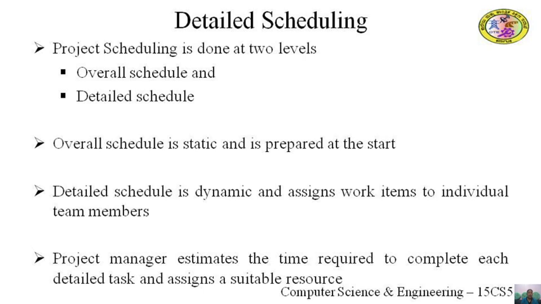For each detailed task, the project manager estimates the time required to complete it and assigns a suitable resource so that the overall schedule is met and the overall effort also matches.